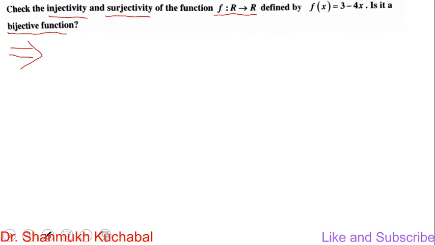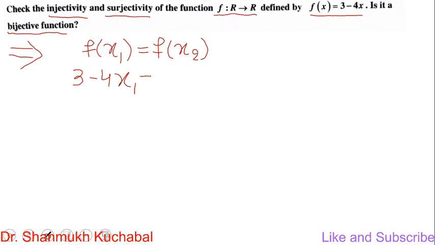For this I am taking f(x1) = f(x2). Here f(x) is 3 - 4x. Wherever x is there, we replace it by x1. So we get 3 - 4x1 = 3 - 4x2.